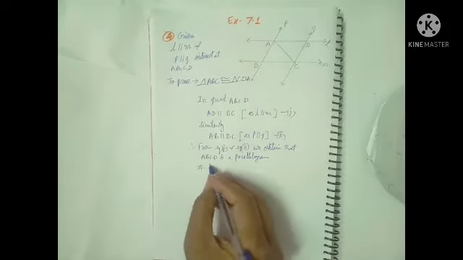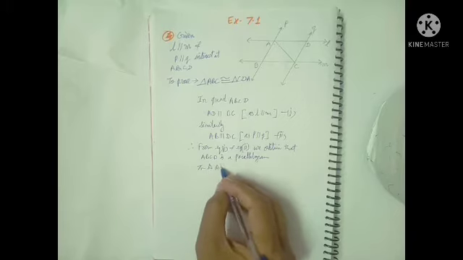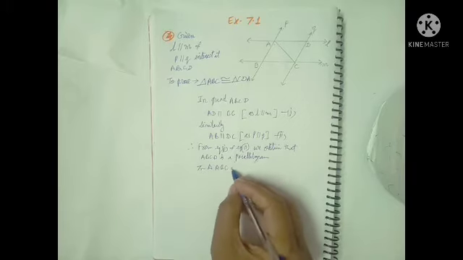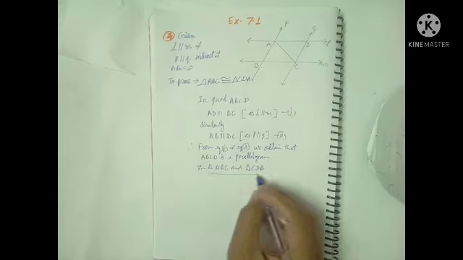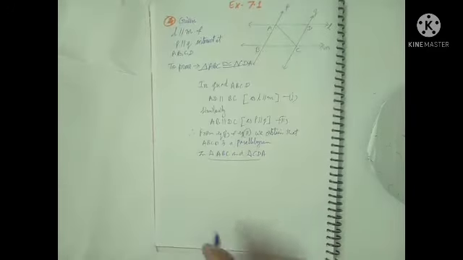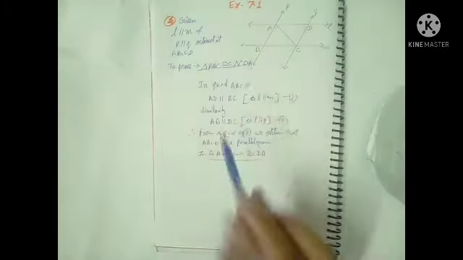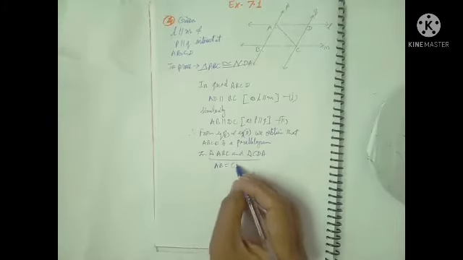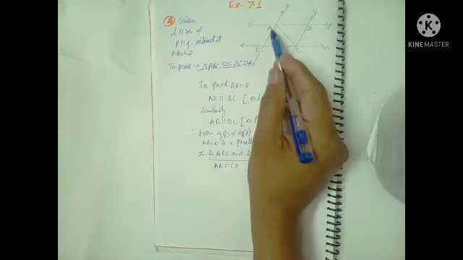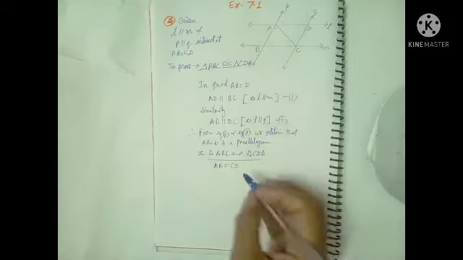In triangle ABC and triangle CDA, now what can you notice? AB is equal to CD. Why?